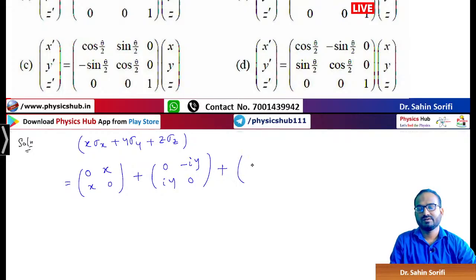Sigma z is (1 0; 0 minus 1). So if you add it, what do you get? (z, x minus i y; x plus i y, minus z).